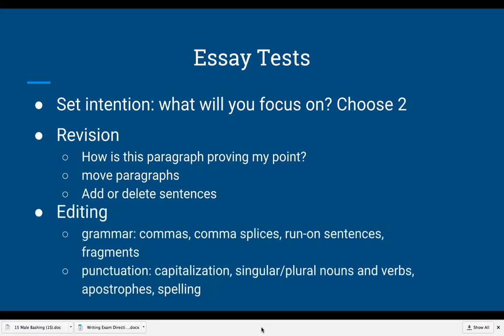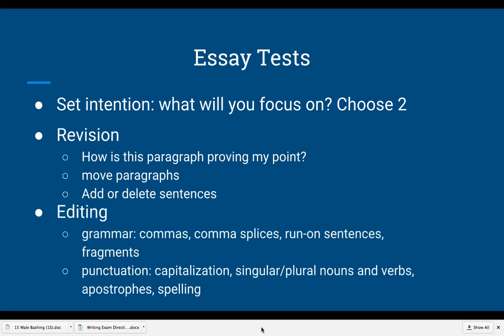And so you see why it's important to maybe only choose one or two things to focus on, because when it comes to editing, we could get overwhelmed. But remember when I said you could find out what your biggest challenge is when it comes to writing.